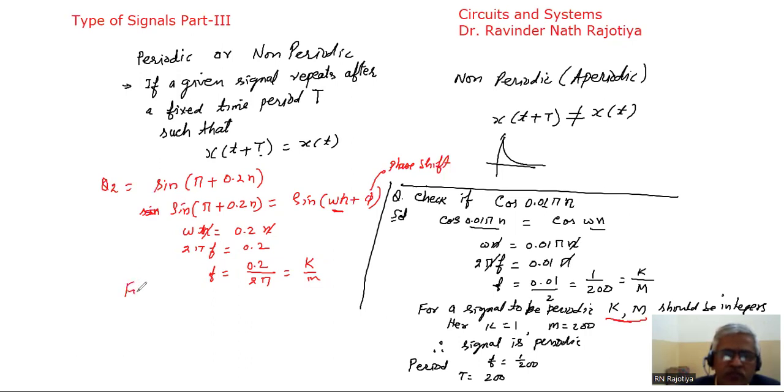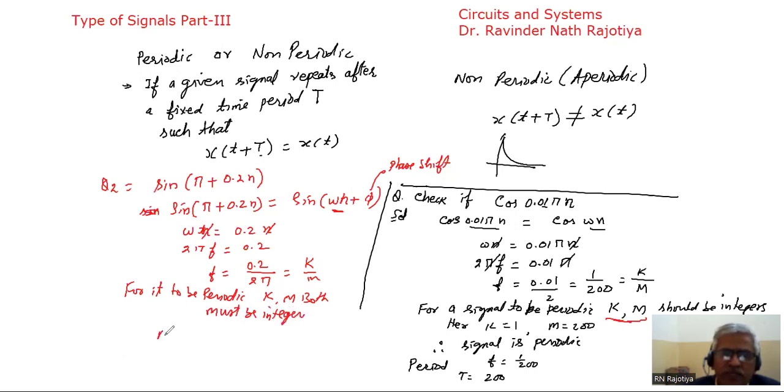For it to be periodic, both k and m must be integers, but that is not the case here.